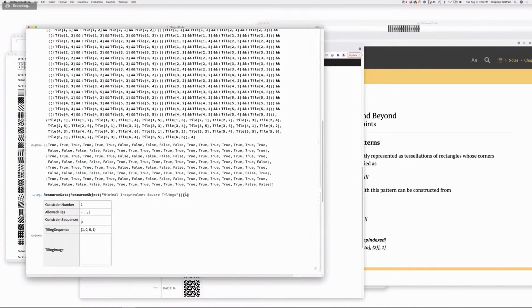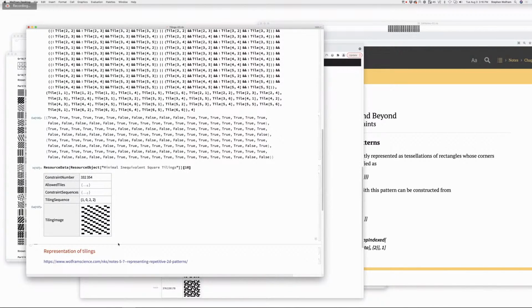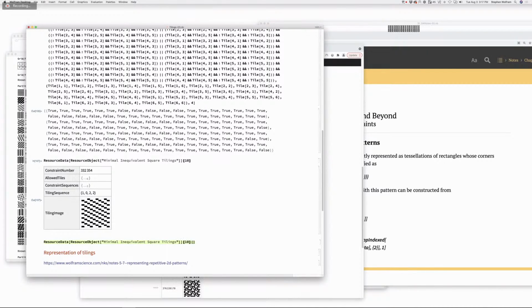But anyway, let's take, maybe not the first one, let's take the 10th tiling. Okay, so allowed tiles, there are 6 allowed tiles because the constraint number here is, we can just take out the constraint number. And if we go integer digits of that number, it's going to end up having something with, guess what, 6, I'm going to claim.